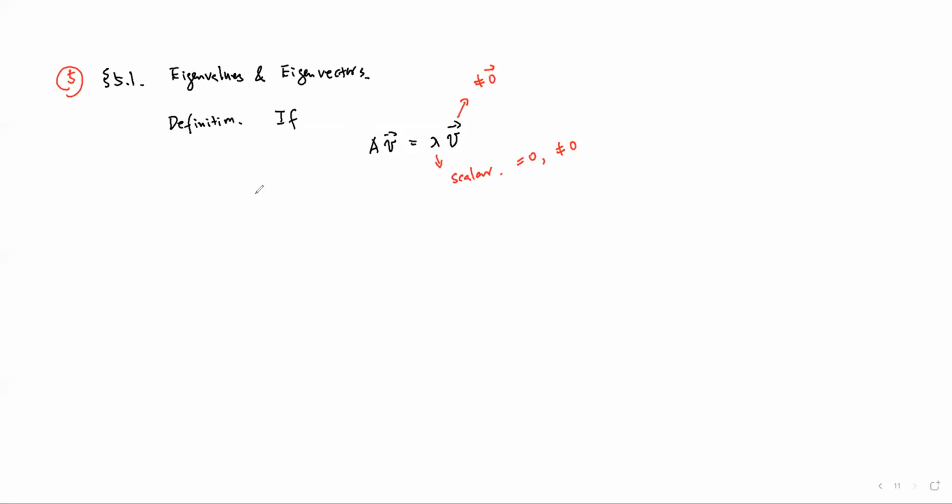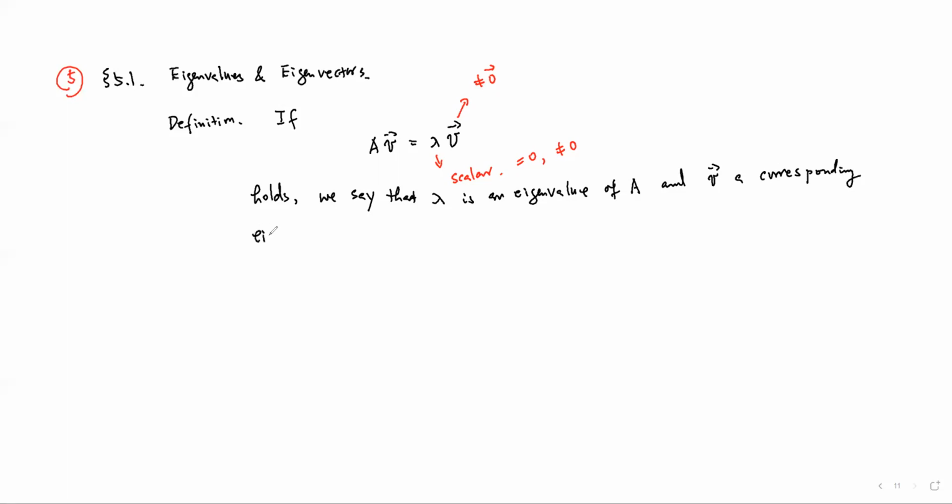Whenever this equation holds, we say that lambda is an eigenvalue of the matrix A, and the vector V is the corresponding eigenvector of the eigenvalue lambda.